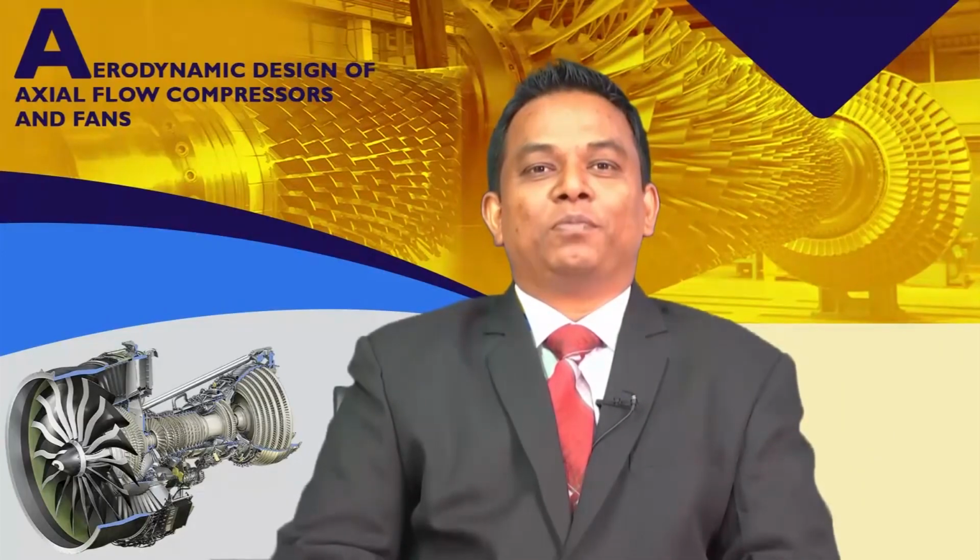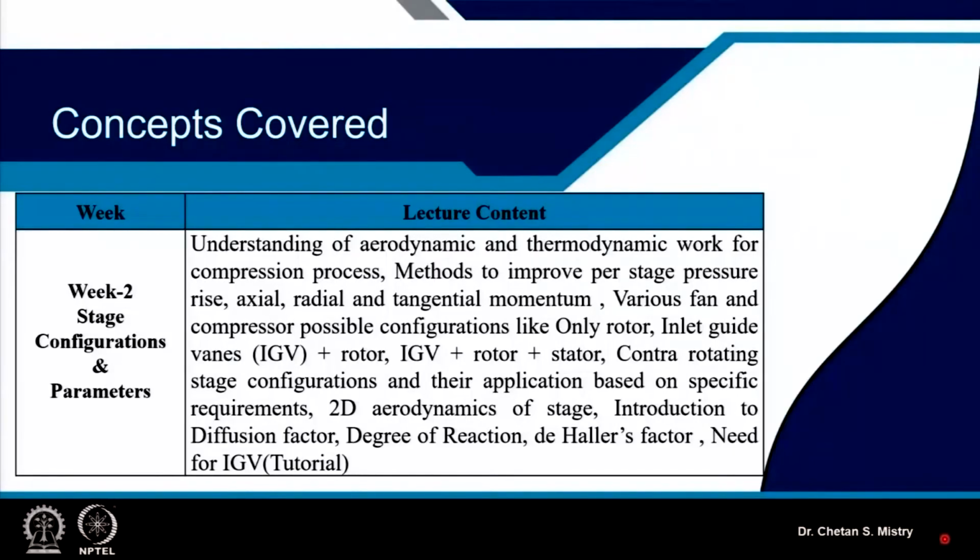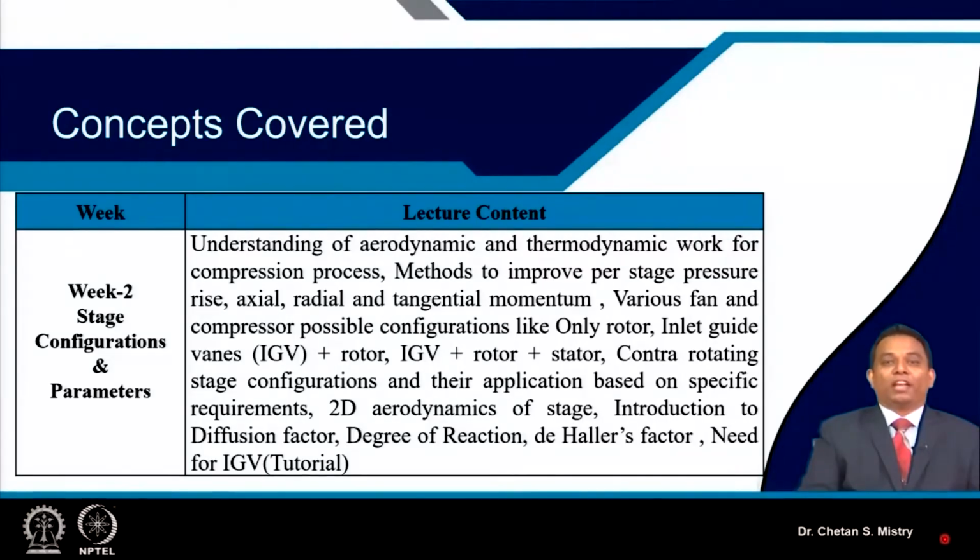Hello and welcome to lecture 16. In our module 2, we were discussing the detailed understanding of aerodynamic and thermodynamic work for the compression process. We have discussed different approaches to improve per stage pressure rise.